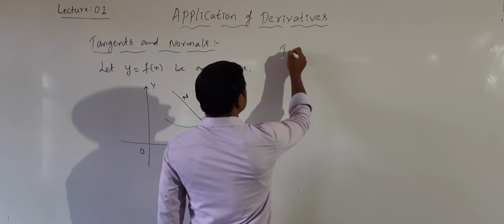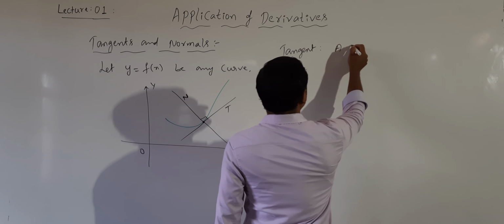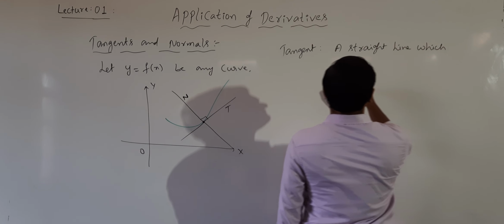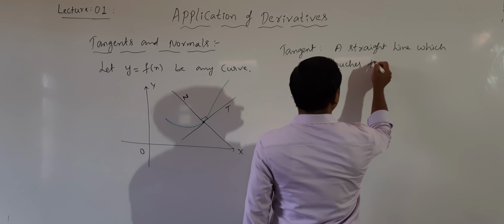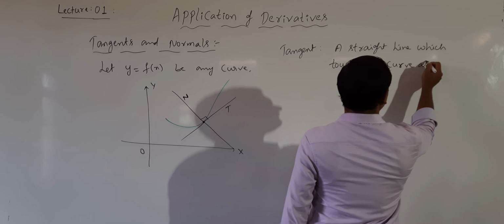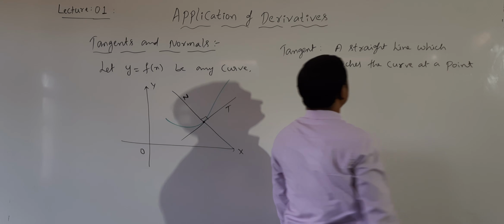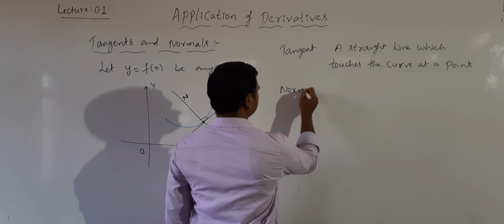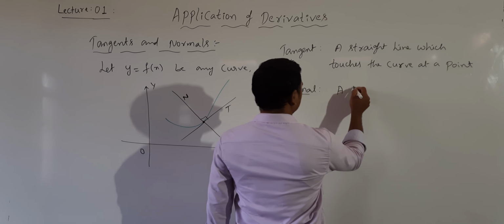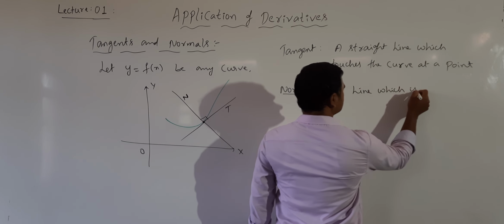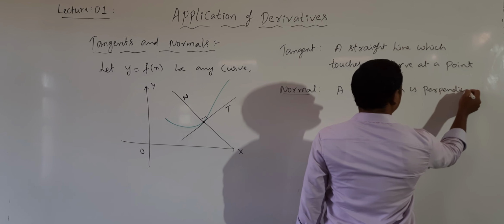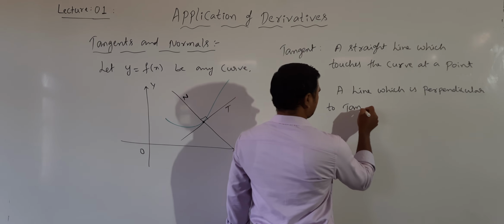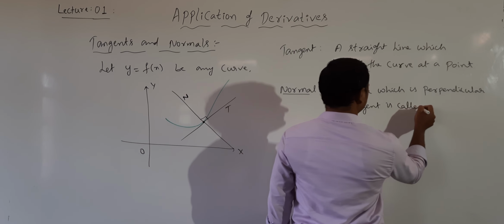Tangent is defined as a straight line which touches the curve at a point, and normal is defined as a line which is perpendicular to the tangent is called normal.